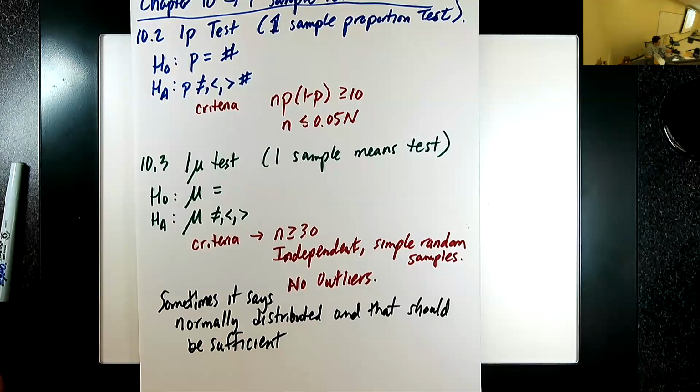That never changes. Well, that's not true. There's one test that does change. It's called the paired test, and you need dependent samples there. We'll cover that later today.